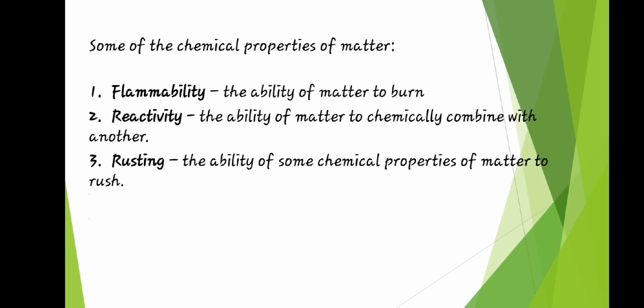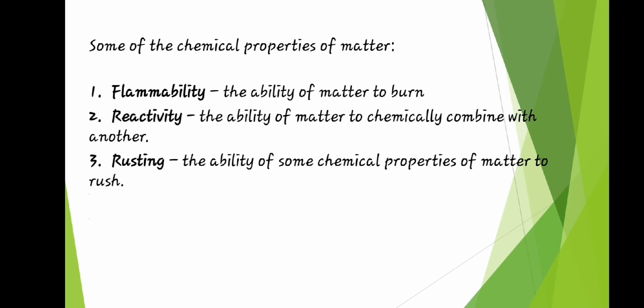It goes by a chemical reaction that affects masses of the iron and steel. Once formed, rust begins to eat away at the metal, as the metal reacts with oxygen. That is the means of rusting, or the ability of some chemical properties of matter to rust.